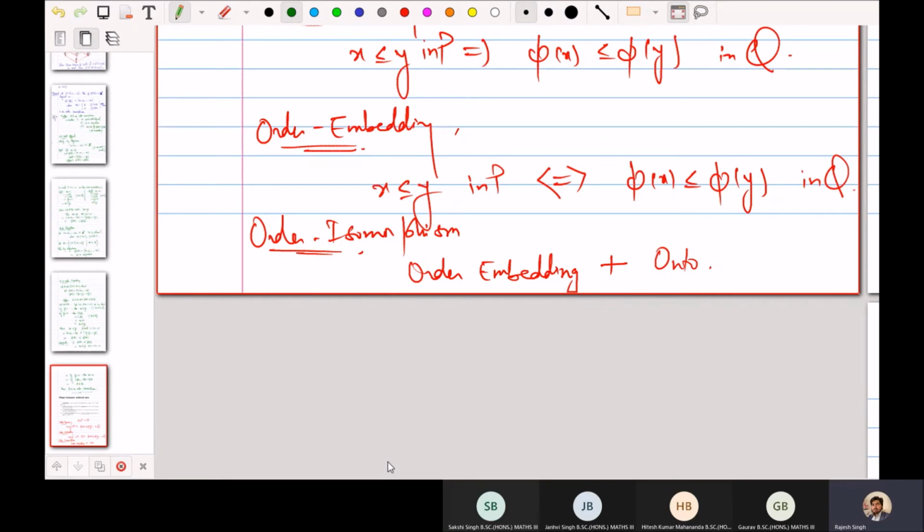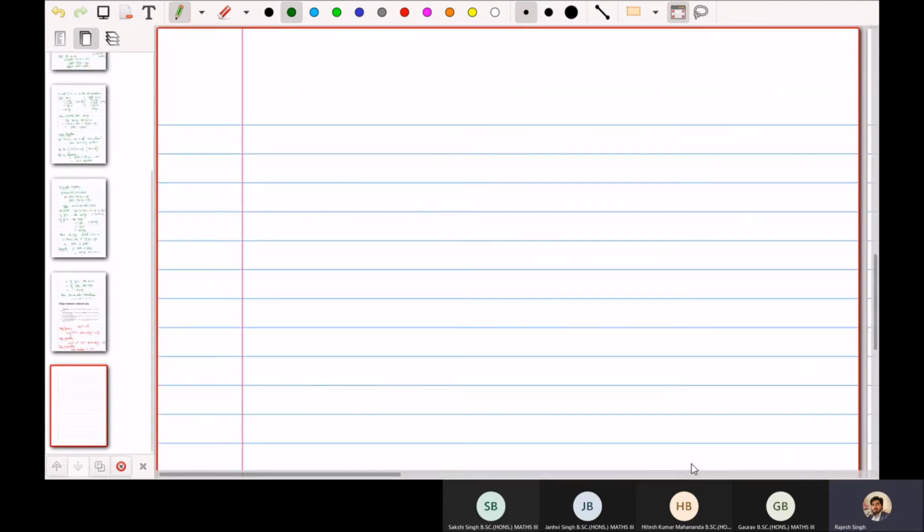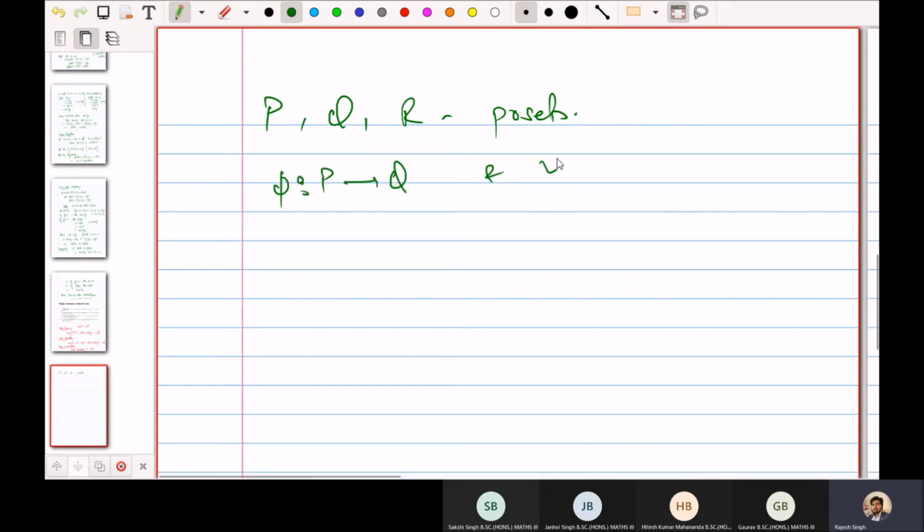Okay, what about composition of maps? If there are two maps which are order preserving, then what can you say about their composition? Suppose P, Q and R are three posets. Phi from P to Q and psi from Q to R are order preserving maps, okay.